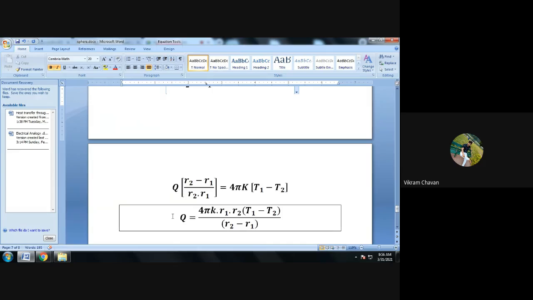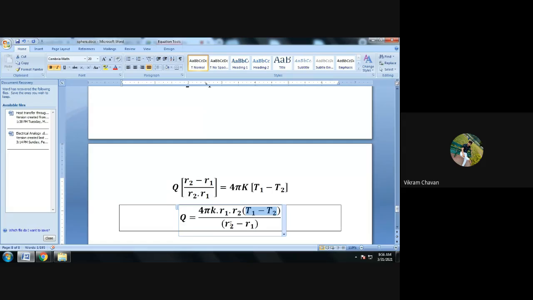Now if you apply the electrical analogy for this particular equation, q is analogous to current. Heat transfer is analogous to current, temperature difference is analogous to potential difference, then the remaining part is nothing but a resistance and it should be on the denominator side.